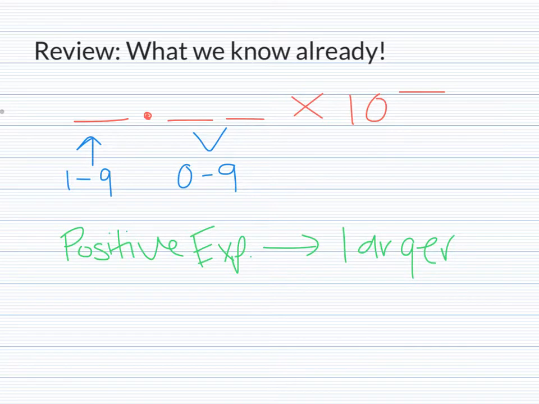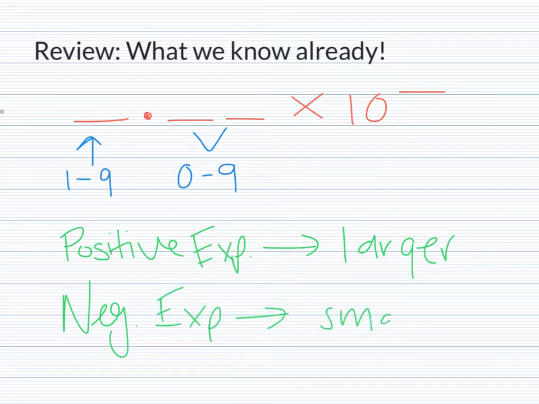And if we have a negative exponent, we should know that our number is getting smaller. Quick review: positive exponent, number is getting larger. Negative exponent, number is getting smaller. And we should know which way to move the decimal at this point.